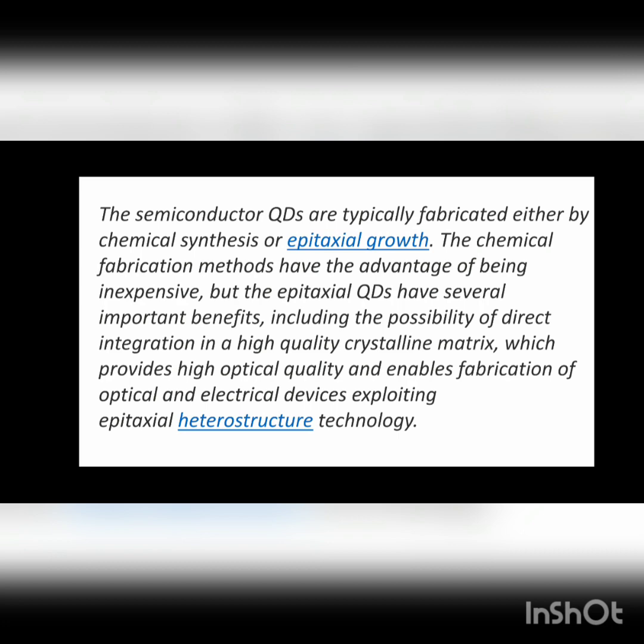The chemical fabrication methods have the advantage of being inexpensive, but the epitaxial quantum dots have several important benefits, including the possibility of direct integration in a high quality crystalline matrix, which provides high optical quality and enables fabrication of optical and electrical devices exploiting epitaxial heterostructure technology.